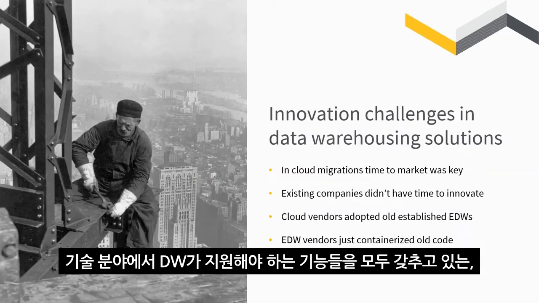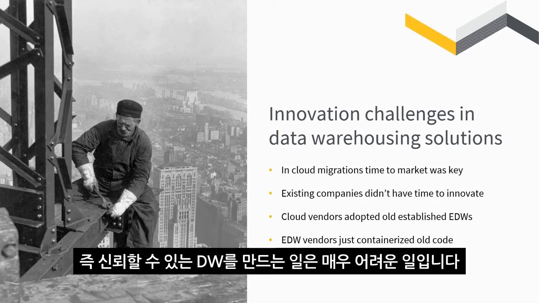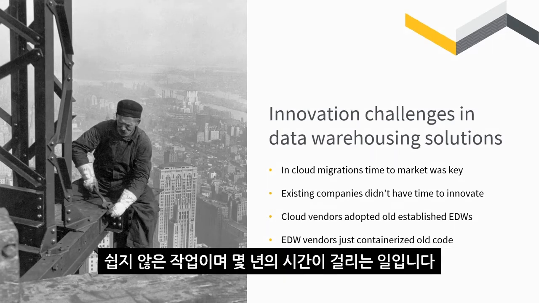It turns out that one of the most challenging feats in technology is building a reliable data warehouse, or really a database in general. With the scope of features that need to be supported in data warehousing, creating a solution that's reliable and provides the correct answers is a daunting task, and in many cases takes years.